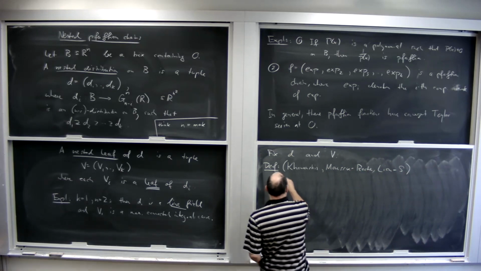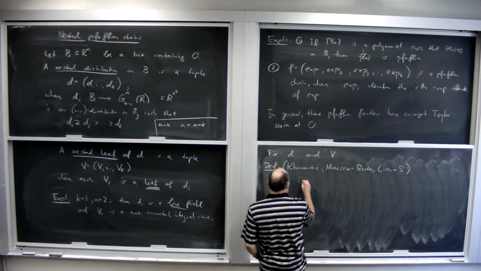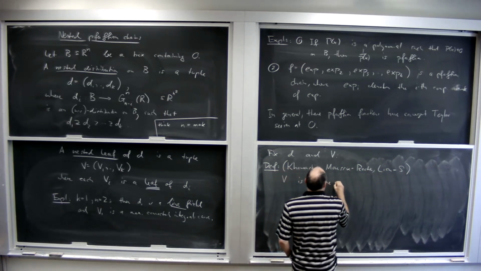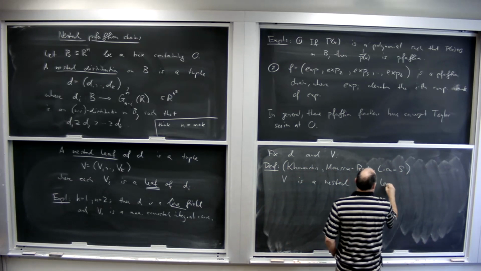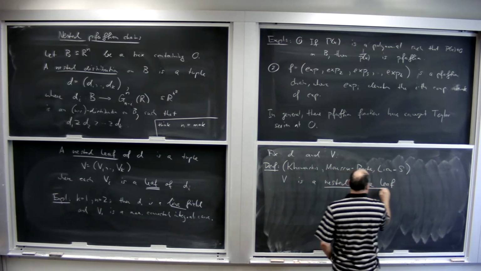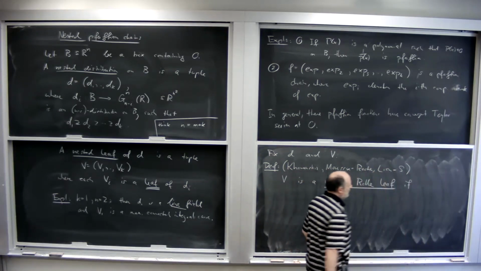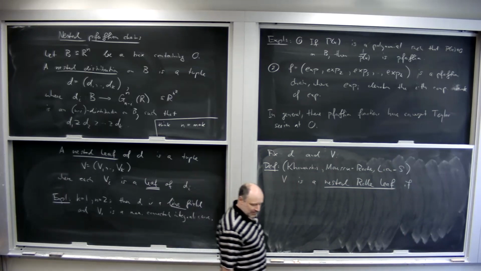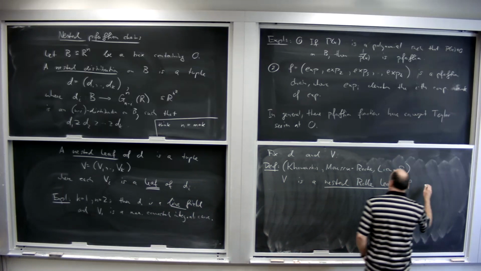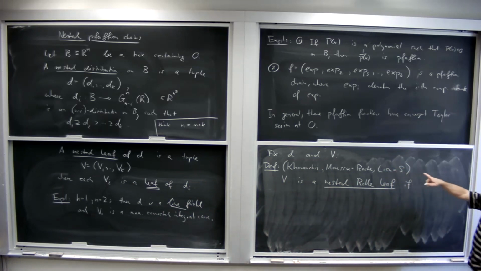So we call V a nested Rolle leaf if, so remember, each V_i is of codimension 1 in V_{i-1}.